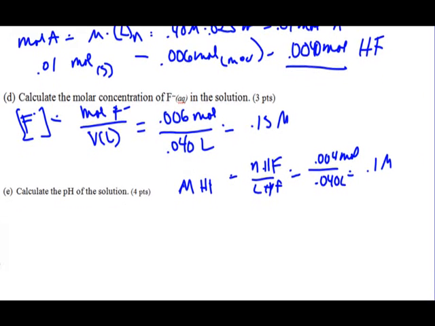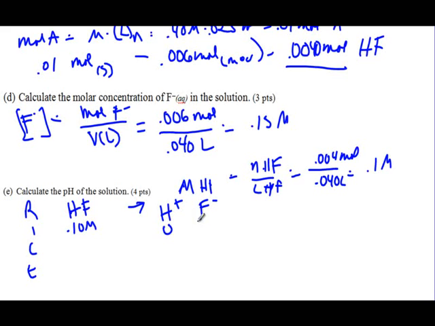So for the RICE table, we're talking about HF. There's water, which I don't need to show, becoming H+ and F-. Now HF, we just said, was 0.10 molar. H+ and F- starting concentrations are none.